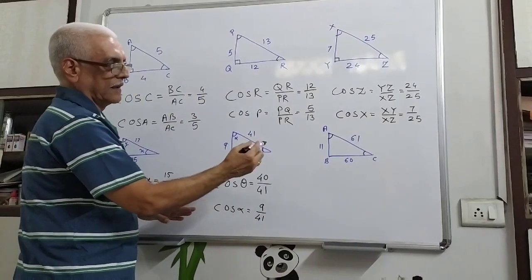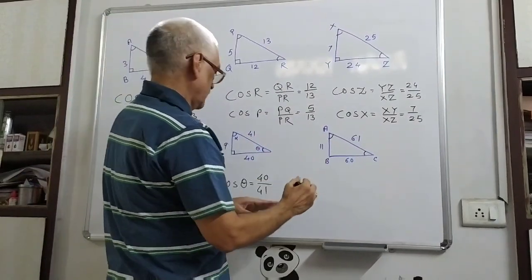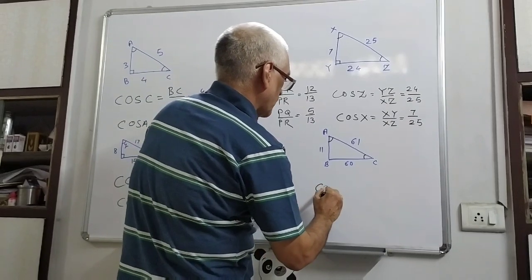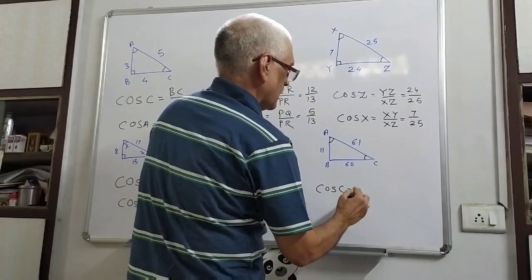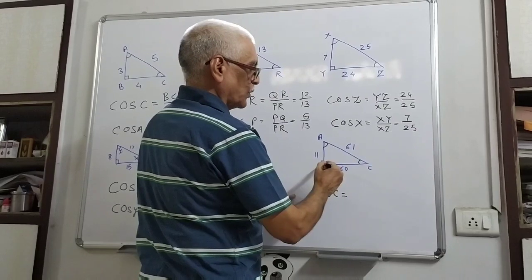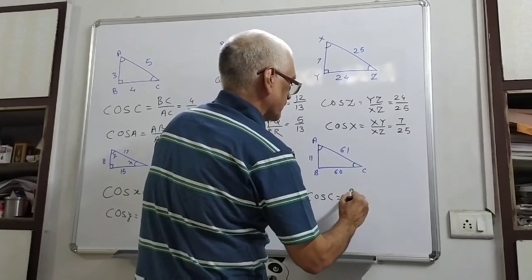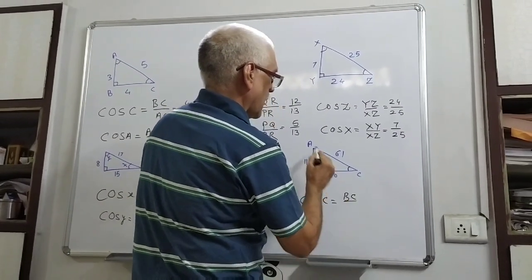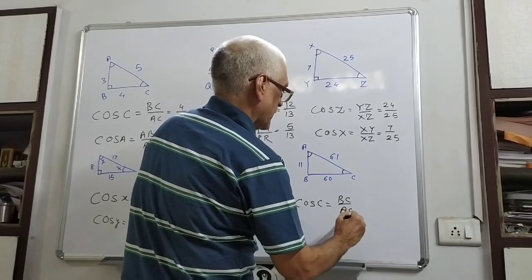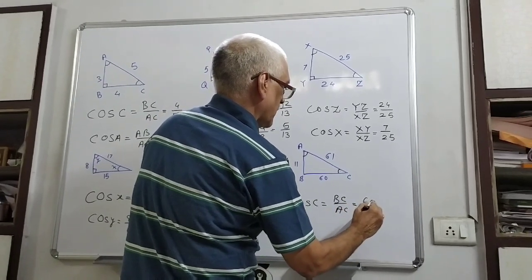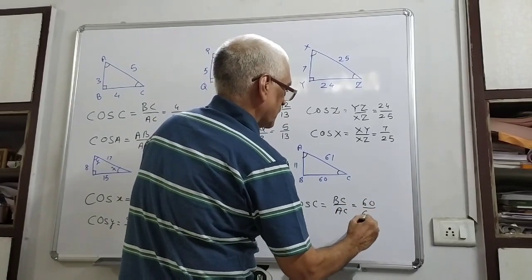In this triangle, the names are given, ABC. So we can say that cos of C is equal to the length of the side adjacent to C, that is BC, upon the hypotenuse, which is AC. So BC is 60 and AC is 61.